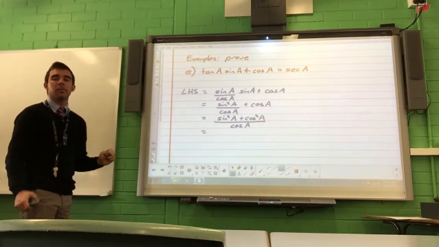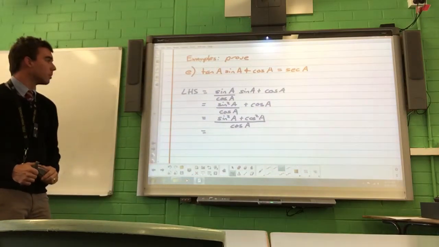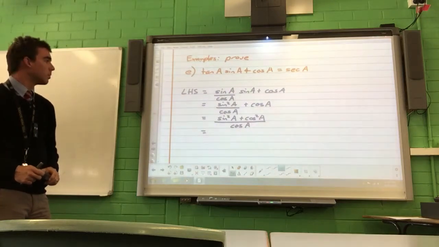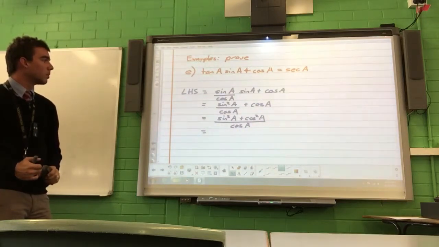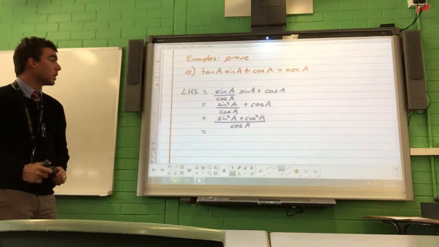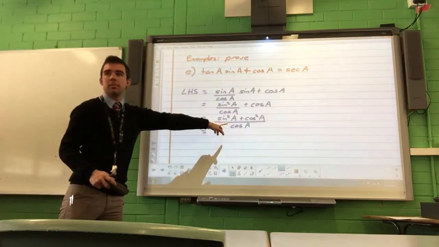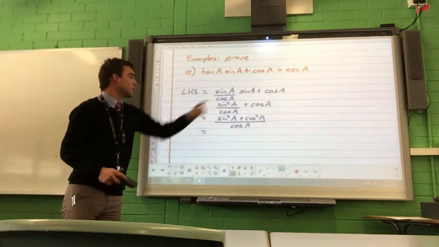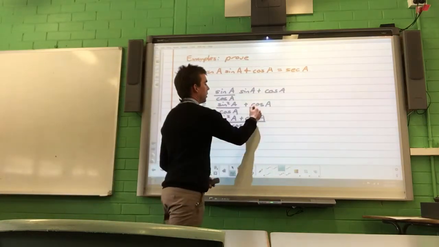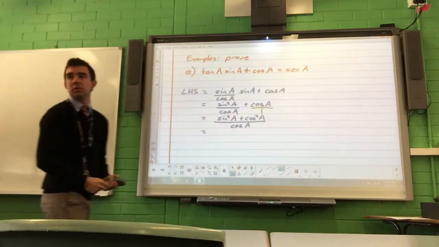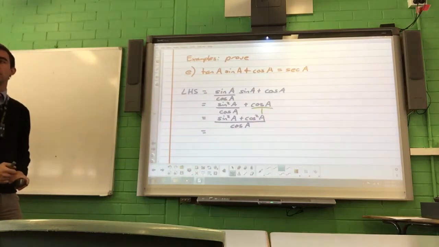Well, because you don't have to put the whole thing under the denominator, you just times it by cos A, and you get sine squared A plus cos squared A. Yeah, but then I also need to have it on the bottom, because I need to introduce the denominator here. Put them over the same denominator. Okay.